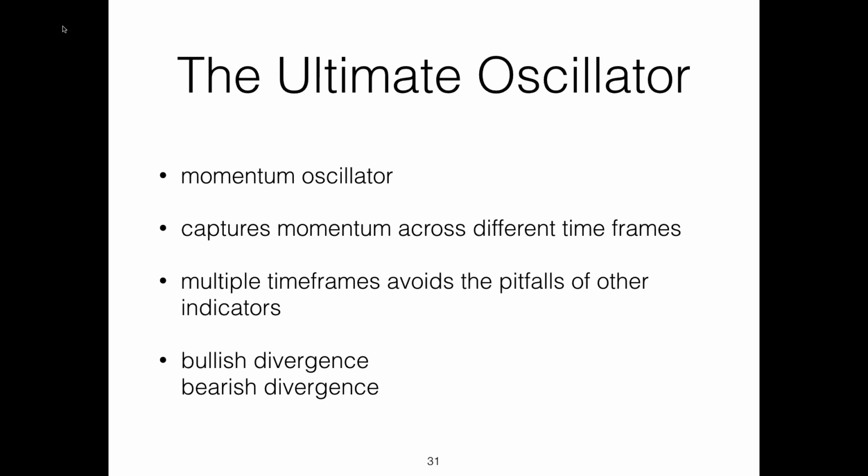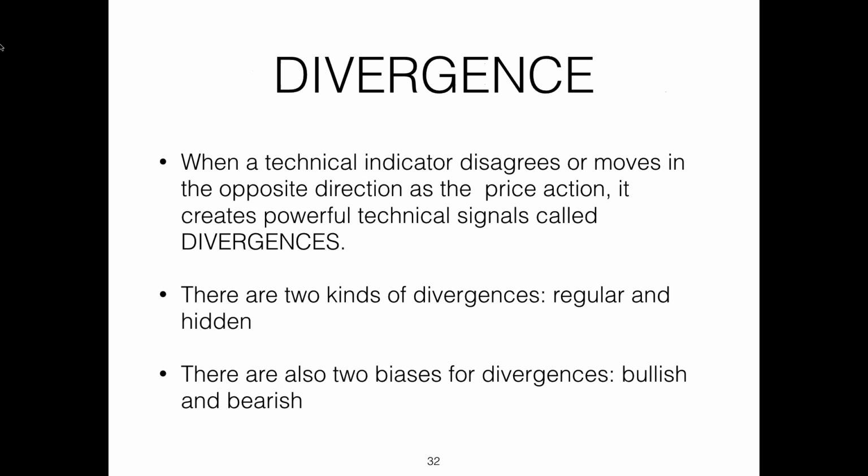We will use divergences in the ultimate oscillator along with Ichimoku to get a stronger conviction on our entries and exits. So let's review what divergences are. When a technical indicator disagrees or moves in the opposite direction as the price action, it creates powerful technical signals called divergences.